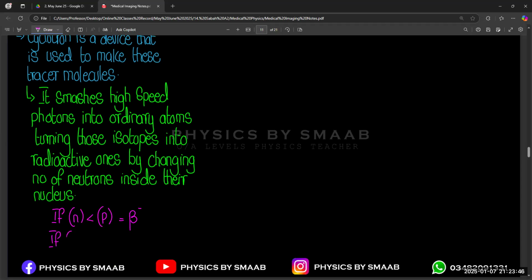And if neutrons are greater than protons, we will get beta positive. So it depends upon the scenario. If we require beta positive, we will increase the number of neutrons, so the cyclotron process works according to this. But if we want beta negative, the cyclotron process works according to the value for beta negative, right?